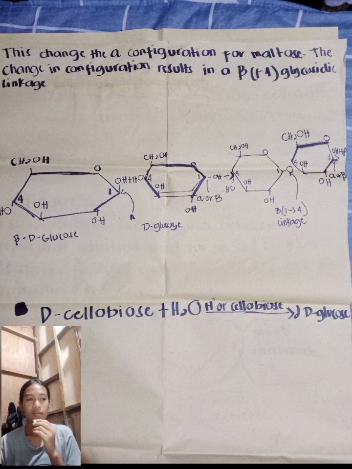D-cellobiose plus H2O, with H+ or cellobiase, gives 2 D-glucose. So despite these similarities, maltose and cellobiose have different biochemical behaviors.